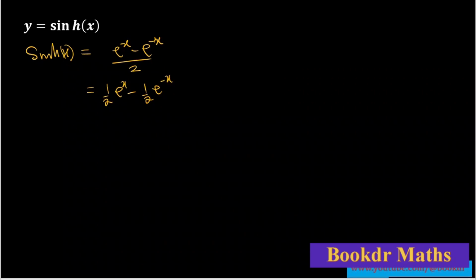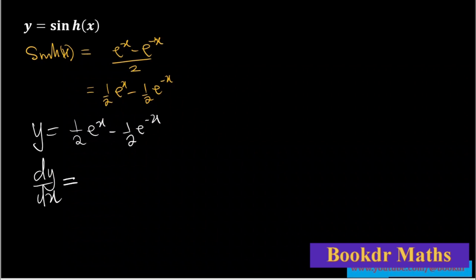So to differentiate this expression, we can replace the sinh with the exponential form. So y will equal half e power x minus half e power negative x. Then we differentiate term by term.